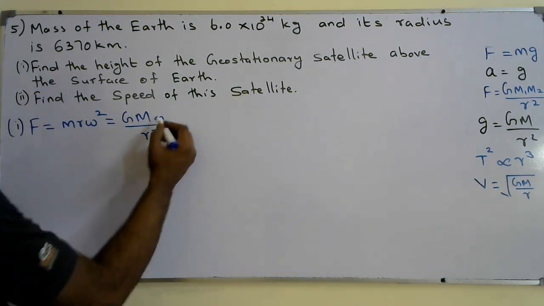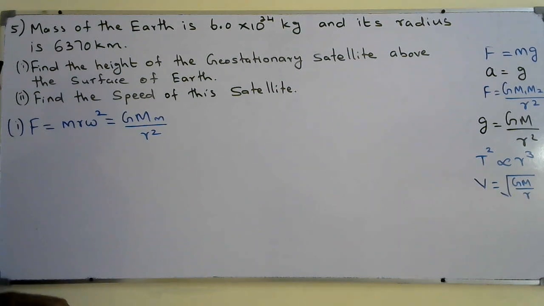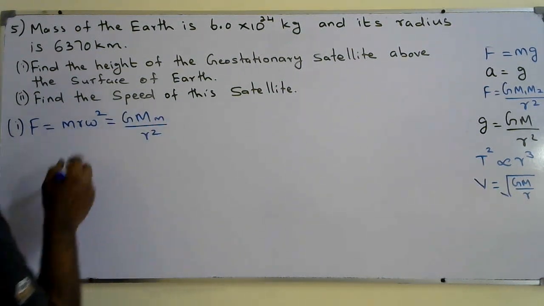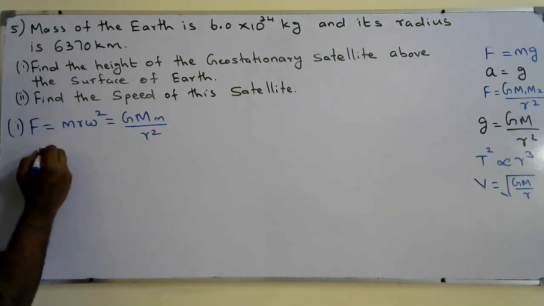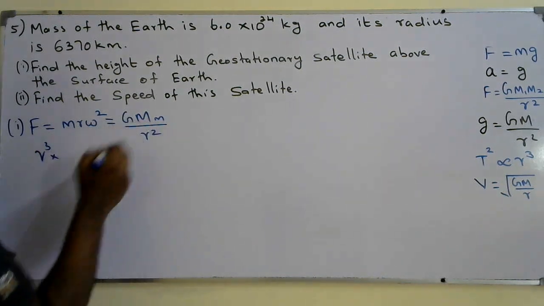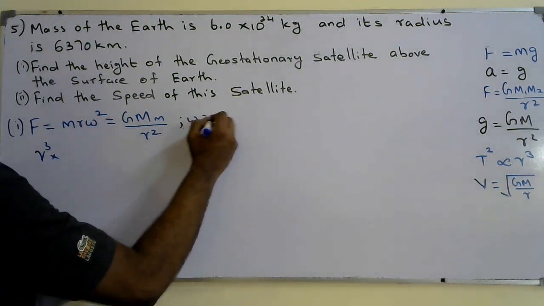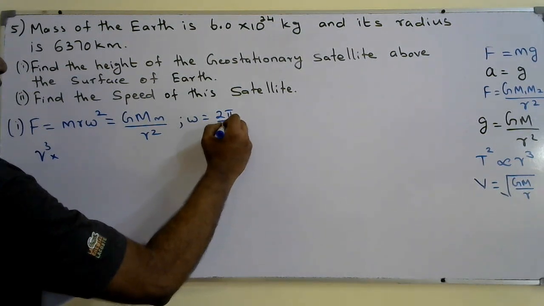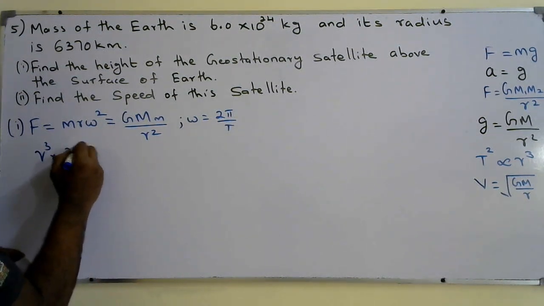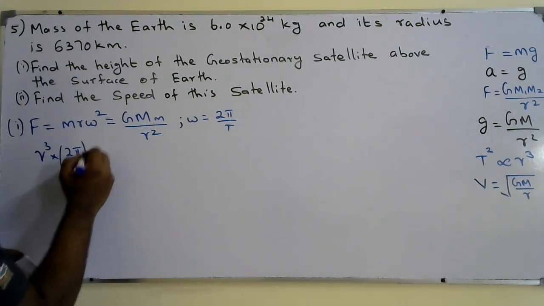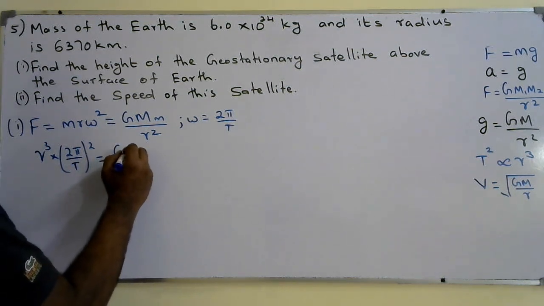Capital M is the mass of the Earth, and small m is the mass of the geostationary satellite. The mass of the satellite will get cancelled, leaving r³ω² equals GM, where ω equals 2π over T.